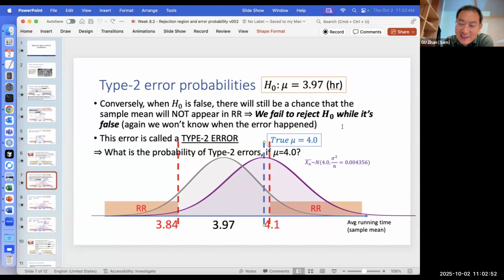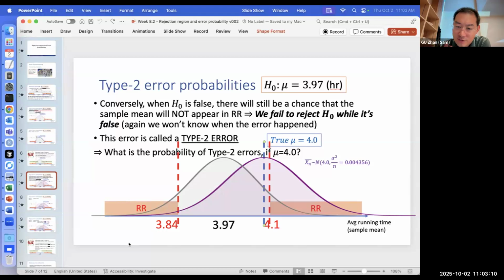That means in 2019, we assume if the population mean is 4 hours, then if that is the real case, you will observe the sample means to follow the purple curve.